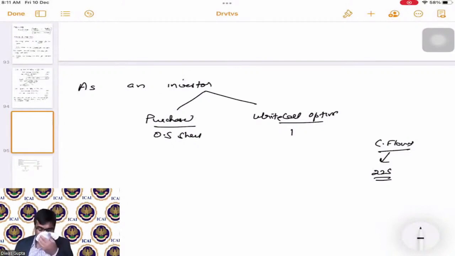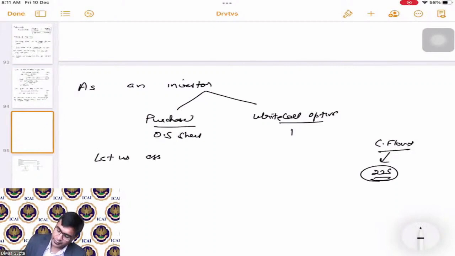Then what I was explaining here is that basis the different prices of 650 or 450, we know that our cash flows are intact, 225 on expiry. Correct. So let us assume the value of the call option, which is nothing but the premium, correct?